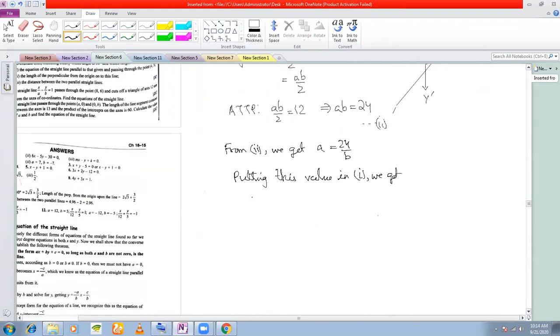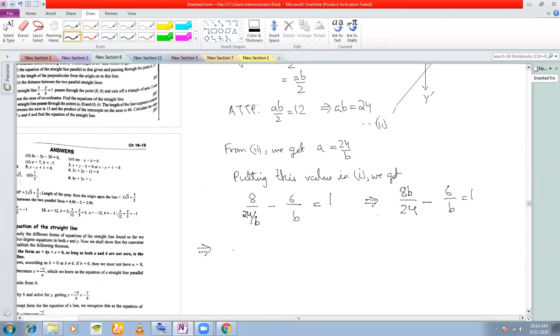So what do you get? 8 by a minus 6 by b is equal to 1. The value of a I have already taken out, so let us put the value of a: a is 24 by b. So this now will give you 8b by 24 minus 6 by b is equal to 1.